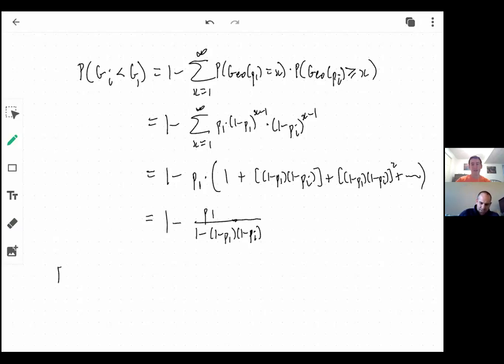So then what's the expected value of T1? It would be the sum from 2 to R of that.